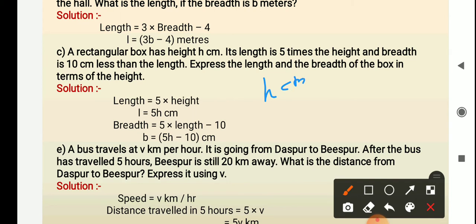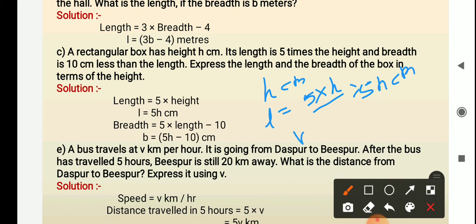On the basis of that, length is given as 5 times height, which means we have to multiply 5 by h. So the length of the box is 5 times height, so we multiply 5 by h. So we get 5h centimeter.